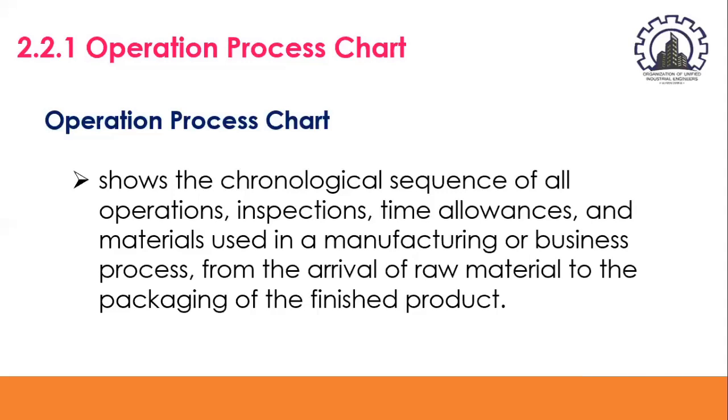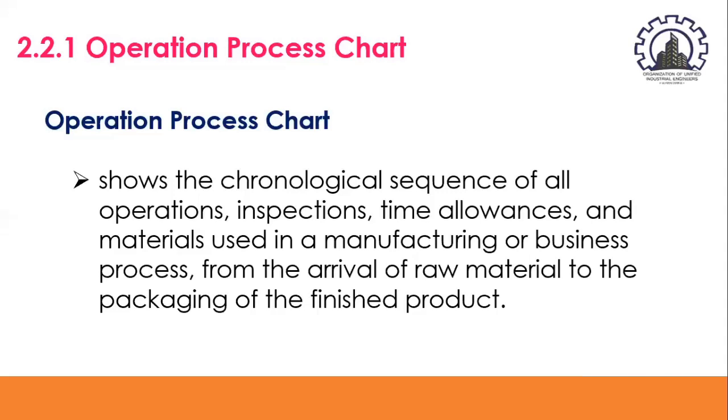Now, this chart actually depicts the entrance of all components and sub-assemblies to the main assembly. Just as a blueprint displays such design details as fits, tolerances, and specifications, the operation process chart gives manufacturing and business details at a glance.